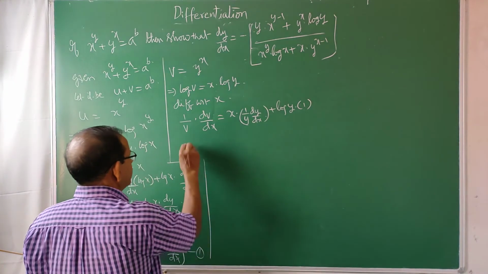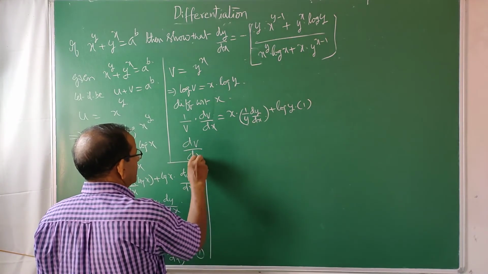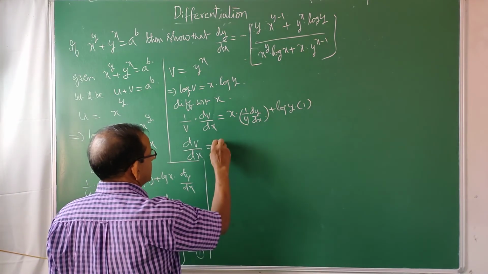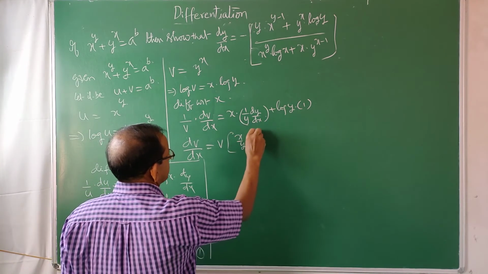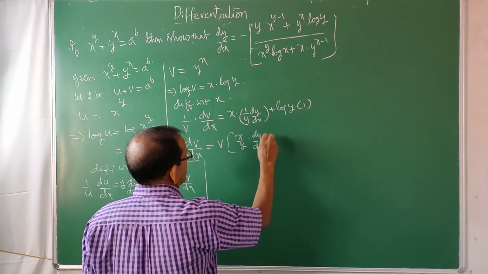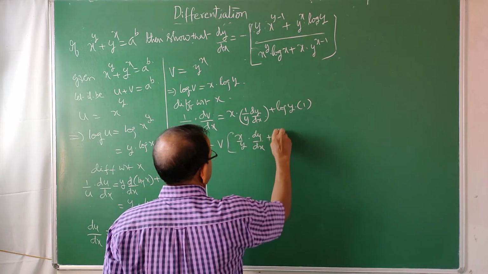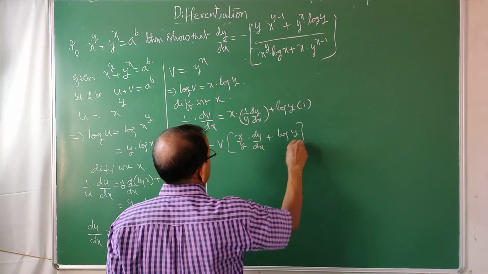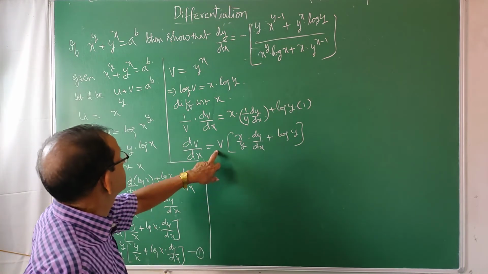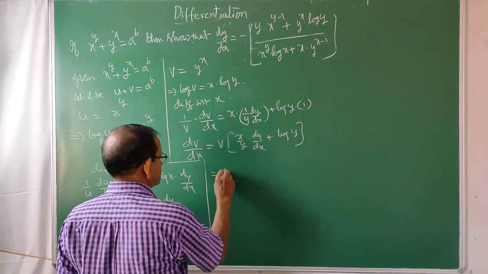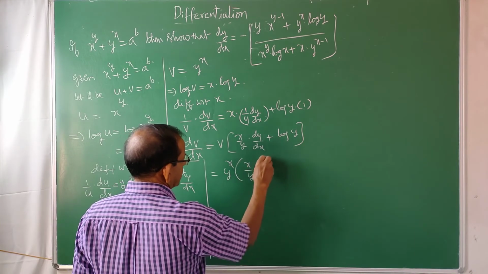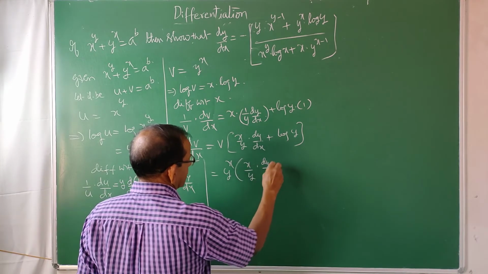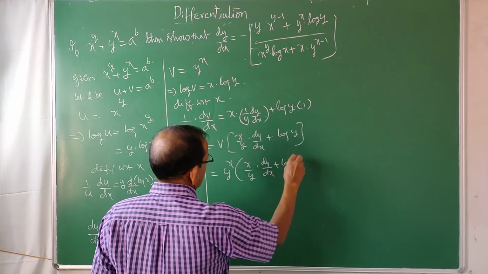Now dv by dx is equal to v into x by y into dy by dx plus log y. But v value how to substitute, that is y power x. Y power x into x by y into dy by dx plus log y.